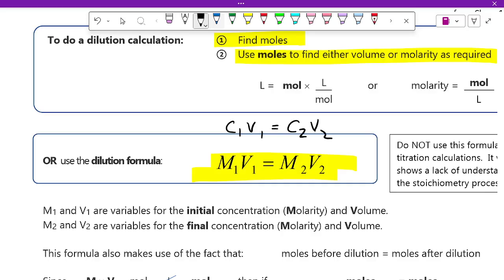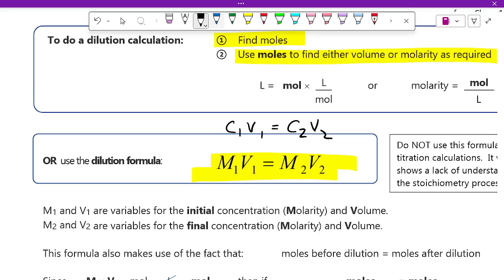Concentration 1 times volume 1 equals C2V2. I hardly ever use this formula because I get my numbers in the wrong place and upside down. So I like being able to think through it. But if your brain doesn't like thinking through it, this might be a good little savior for you.